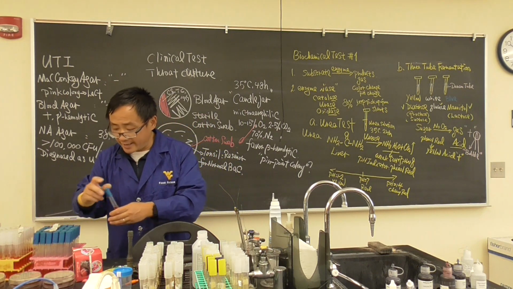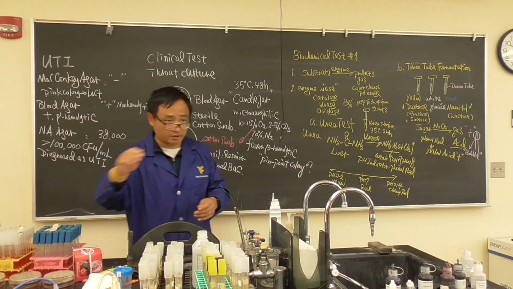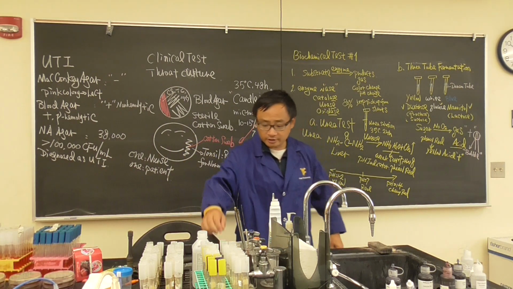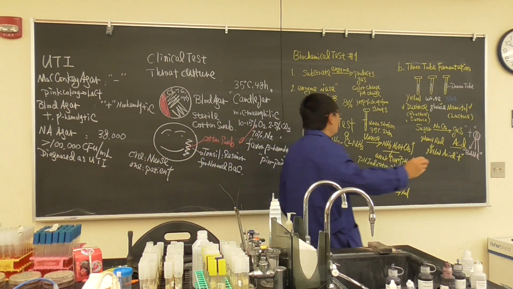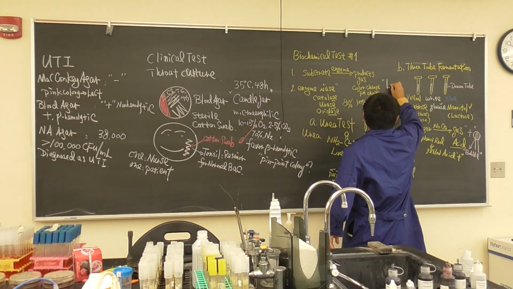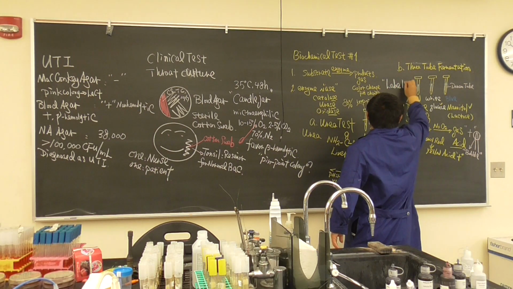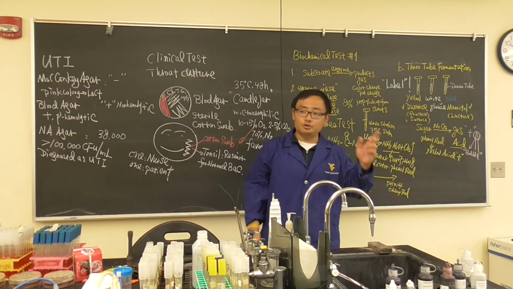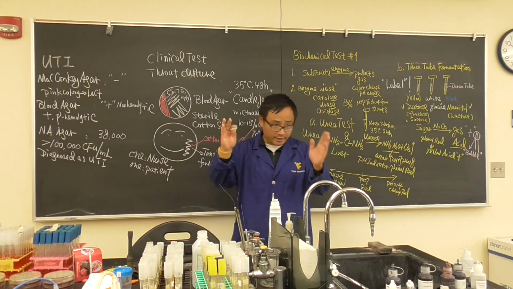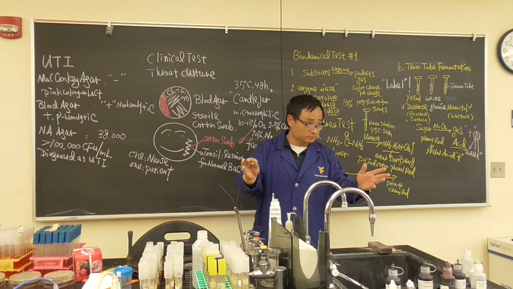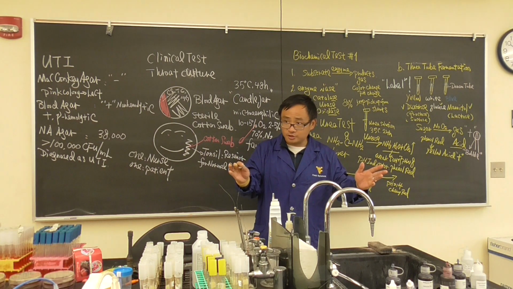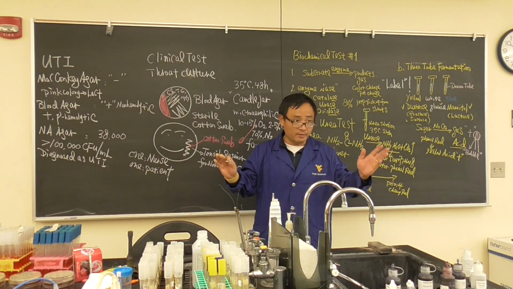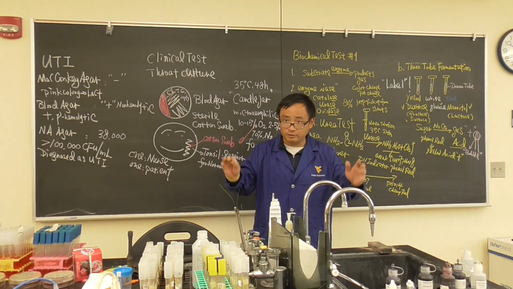Okay? And once you get these, what's the first thing you do? Yes, very good. Don't forget, label. Okay, this is the key. I want you and your bench partner to remind each other, did you label? Otherwise, on Thursday, you're never going to find your tubes. So remind your bench partner, did you label? What are you going to label?